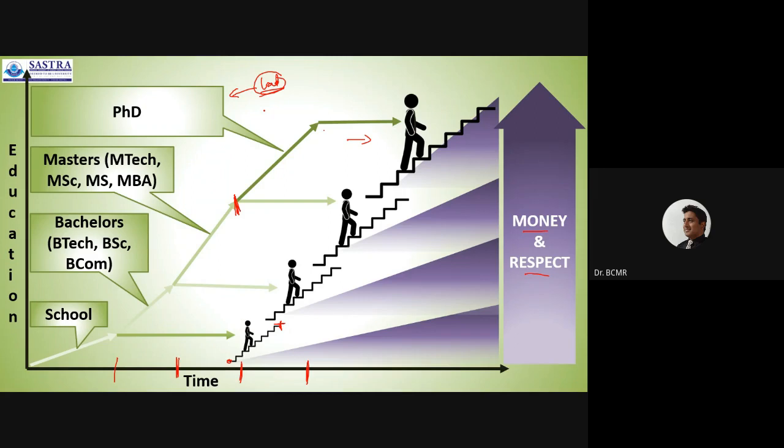I hope I gave you some ideas about what you want to decide. You are somewhere here now, and whether you want to choose to go for a job or for higher education should depend basically on your interest, and the other one is income.